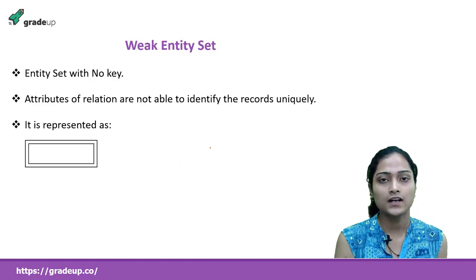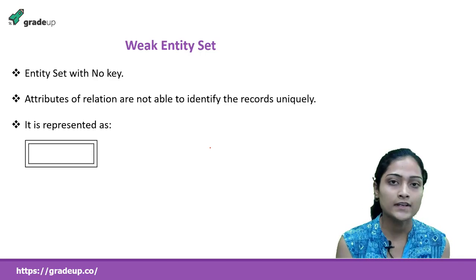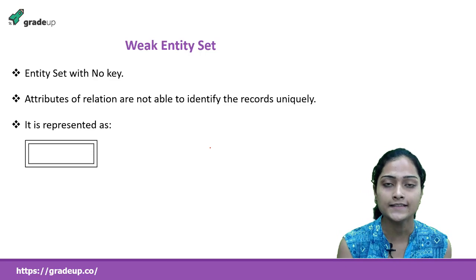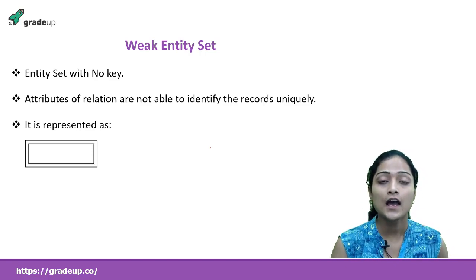Now we have discussed entity sets, but entity sets may be of many types. Here we have a special case, the weak entity set. The concept of a weak entity set arises when there is no key in a particular entity set.